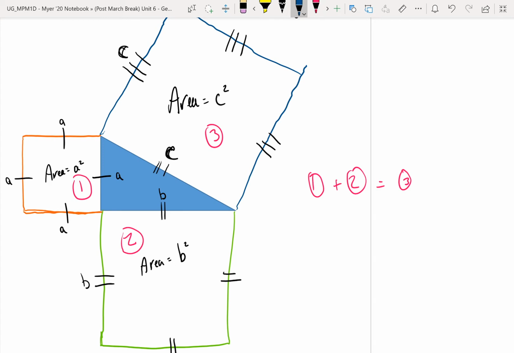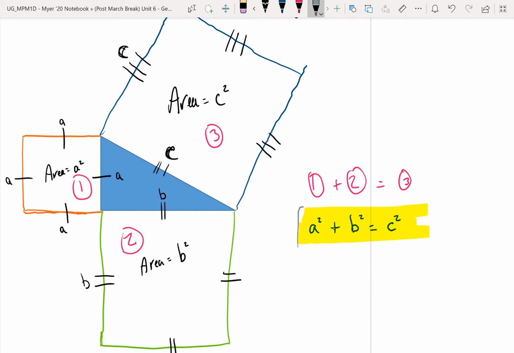Which, if we were to look at it as a formula, is a squared plus b squared is equal to c squared. So basically, for any triangle, these are two imaginary boxes coming off the sides here. The area of those two boxes, if you add them up, would be the same as the area of the box on C. So this is how we know that this rule is true, because we can measure these things and find that they're true every single time.